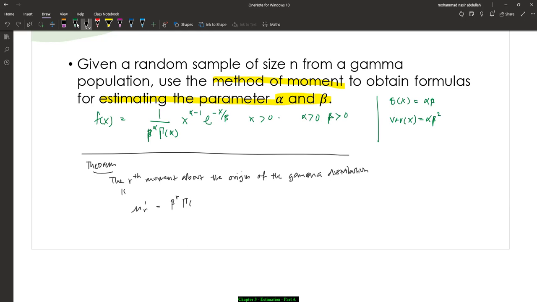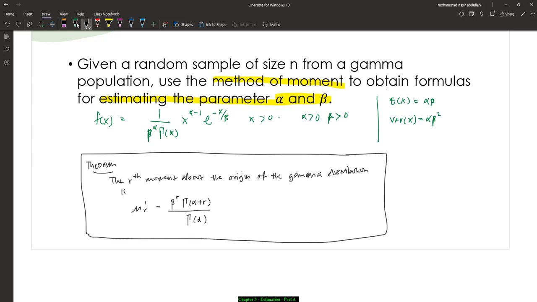And gamma alpha plus r divided by gamma alpha. So this is a theorem for finding r moment about the origin. But basically we don't need to understand this one, right? Because we already know from a prior knowledge, expected of x is equal to alpha beta, variance is equal to alpha beta squared, right?